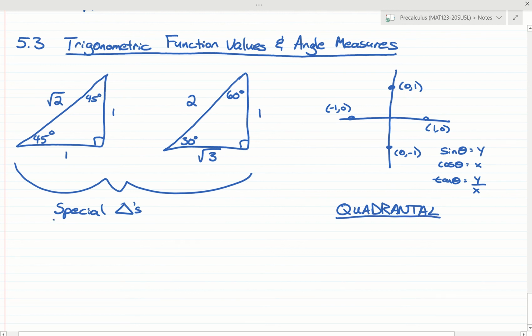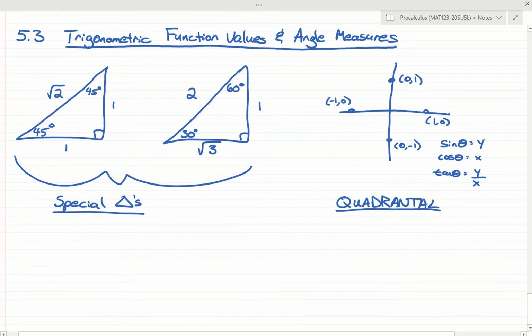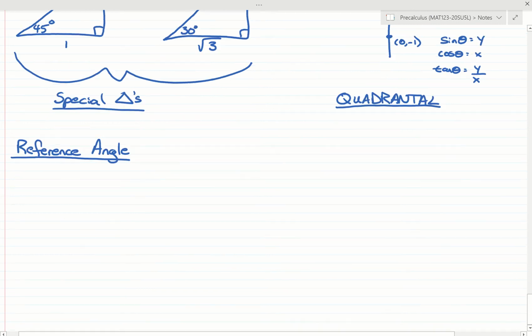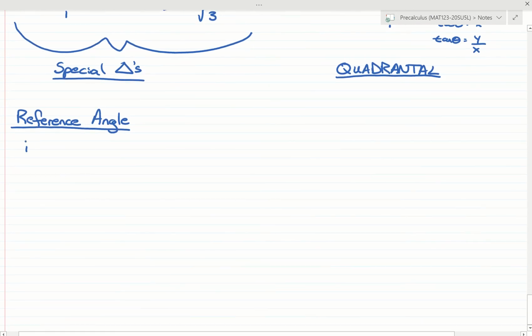All right, so now let's get into some specifics about our special triangles. In order to figure out these problems, we have to talk about what's called a reference angle. We talked a little bit about this in previous sections. We'll talk about them in depth now. A reference angle has three things.